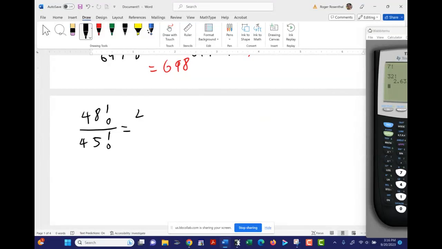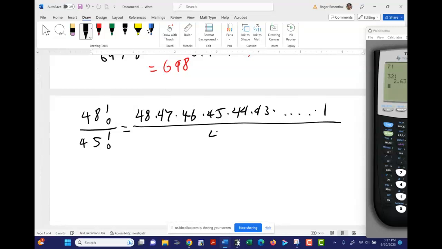Okay, so we do it the same way. We get 48 times 47 times 46 times 45 times 44 times 43, and so on, all the way down to 1. In the denominator, we get 45 times 44 times 43, all the way down to 1. All of these common things cancel.